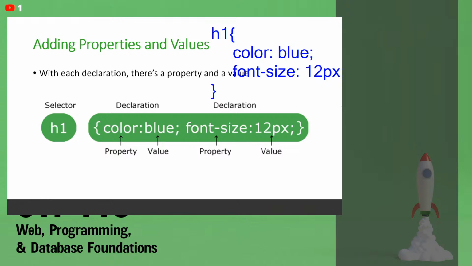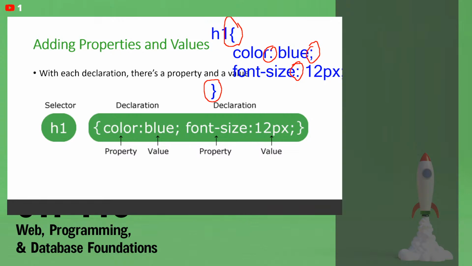The only big thing that we need to realize is that all of these punctuations need to happen where they're happening, right? We need to create our declaration blocks with our curly braces. Our colons need to go here.